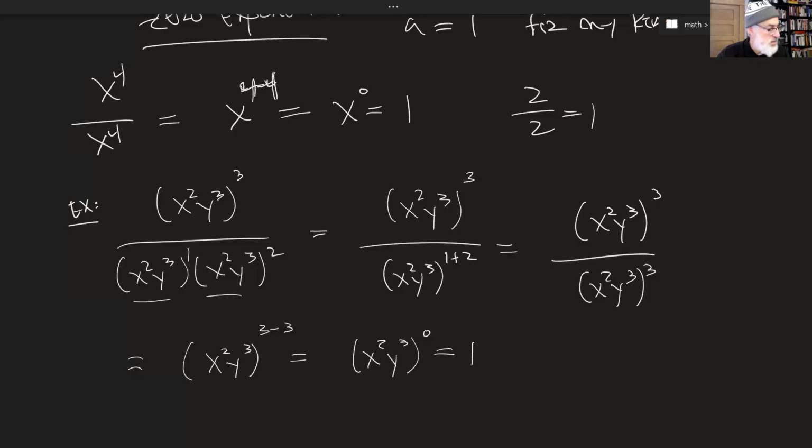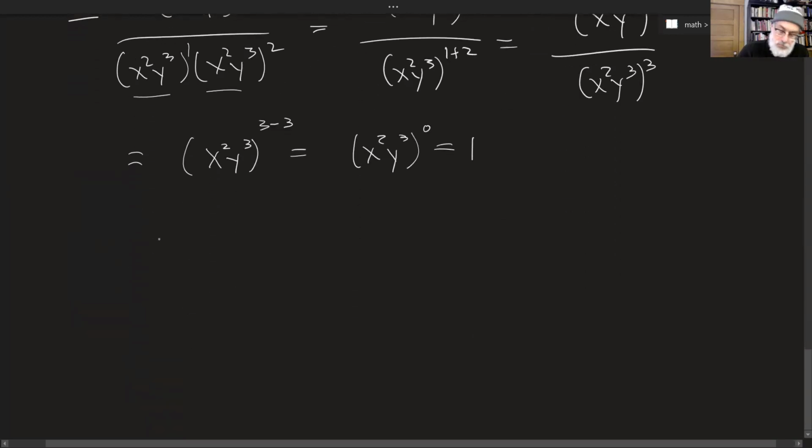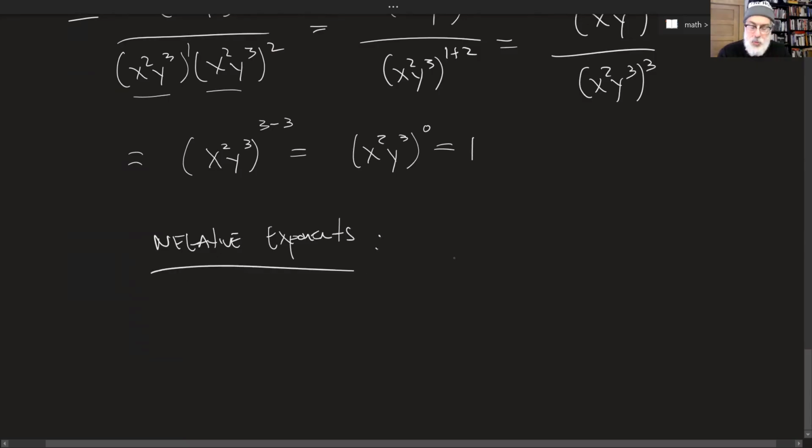So now we're going to look at some negative exponents. The general rule here, I'm using a base of a again, a to the negative n we can think of as being 1 over a to the n.